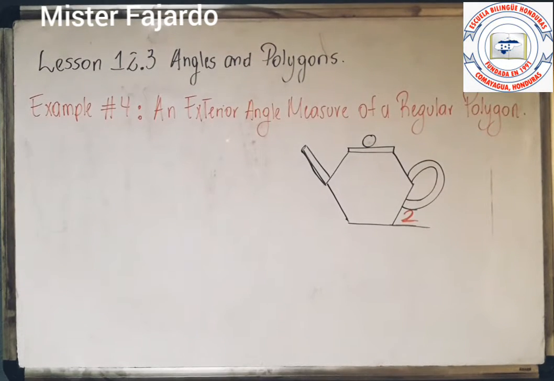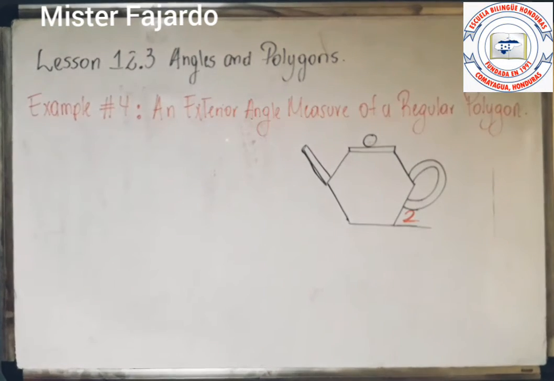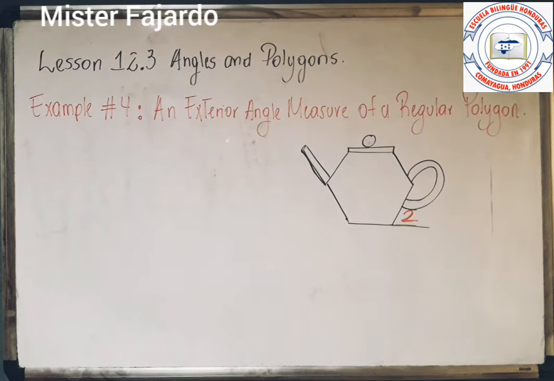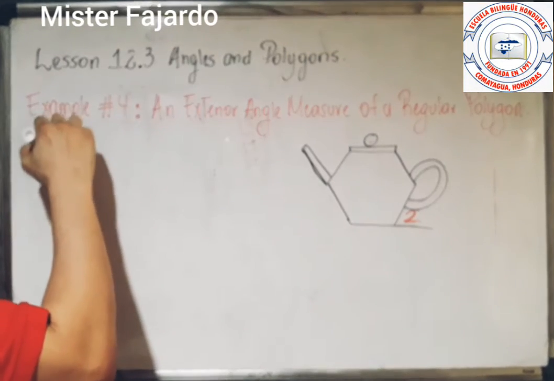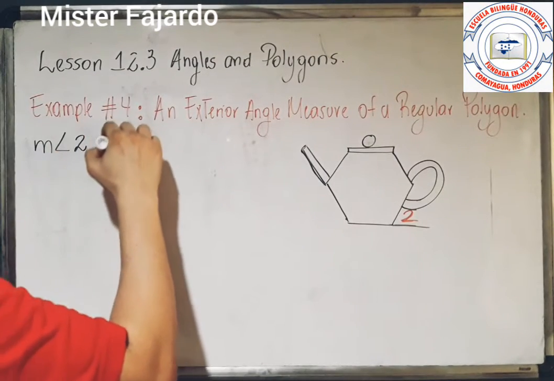In example number 4, we need to find an exterior angle measure of a regular polygon, okay? In this case, we have a figure that you can see, and we need to find the measure of the angle 2. That is the one that we have outside, okay? We need to find the measure of the angle number 2, okay? What is the measure?